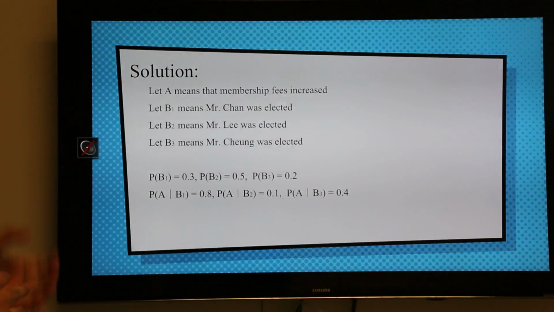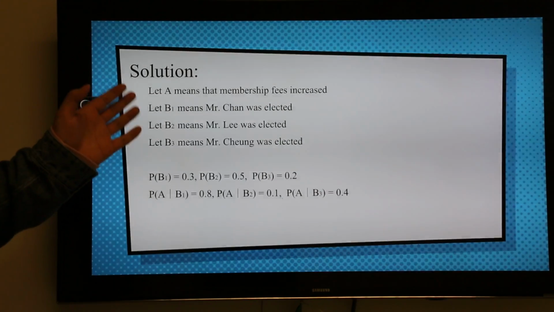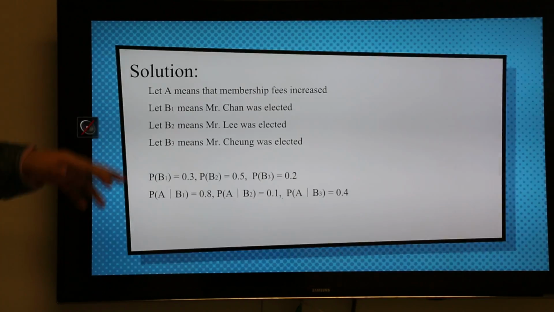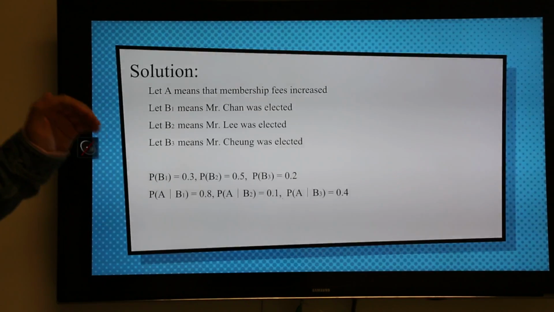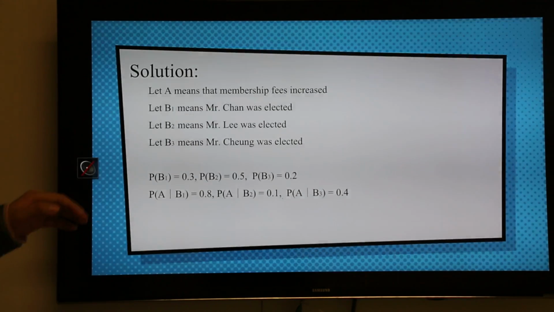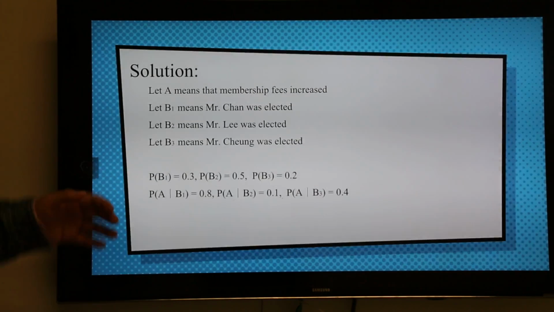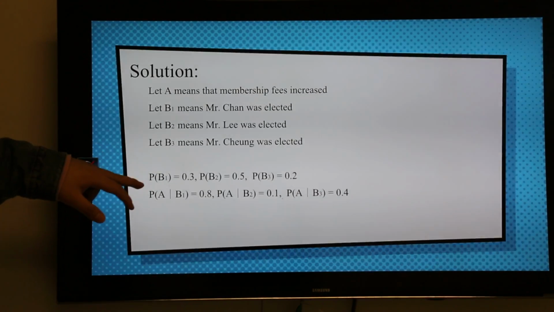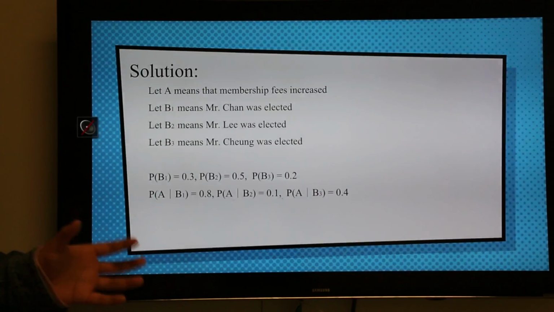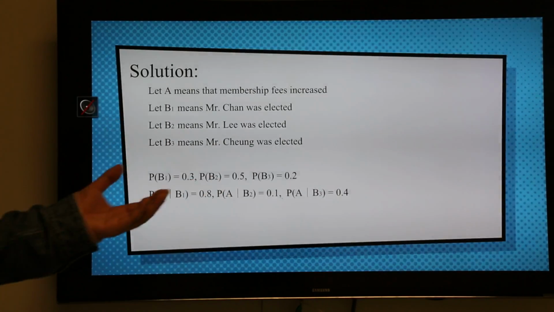The solution is shown here. The first step is to let A mean that the membership fee increased, and B1, B2, B3 mean Mr. Chen, Mr. Lee, Mr. Chen was elected respectively. The second step is to list what we know from the content: P of B1 equals 0.3, P of B2 equals 0.5, and P of B3 equals 0.2.